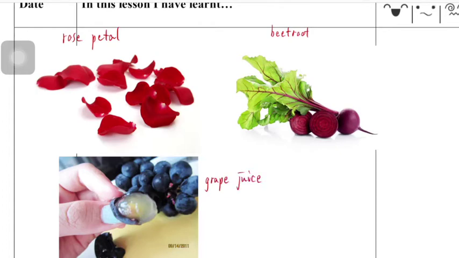Again, you will not just drop the sample onto the grape. You need to get the juice, and then you try it with the different solutions you want to test. So during this period, you can get some of these natural indicators and try the color change.